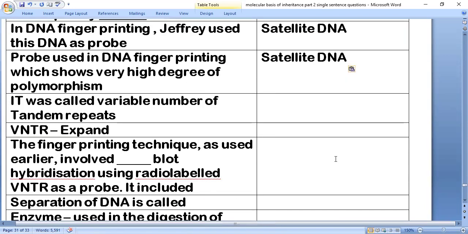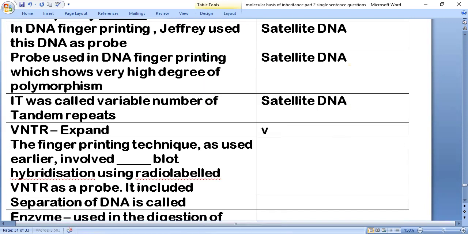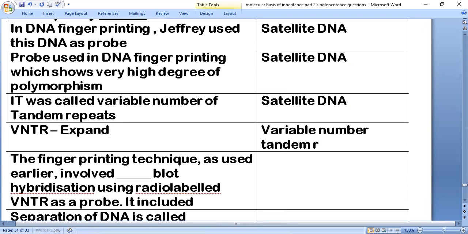It was called variable number of tandem repeats, VNTRs.